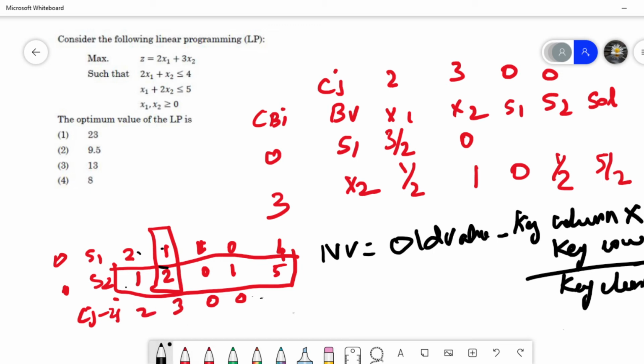So the next element 1. New value is equal to old value minus the corresponding key column value, for 1 is 1, then the corresponding key row value is 0, divided by the key element 2. So 1 into 0 is 0, then the answer is 1.